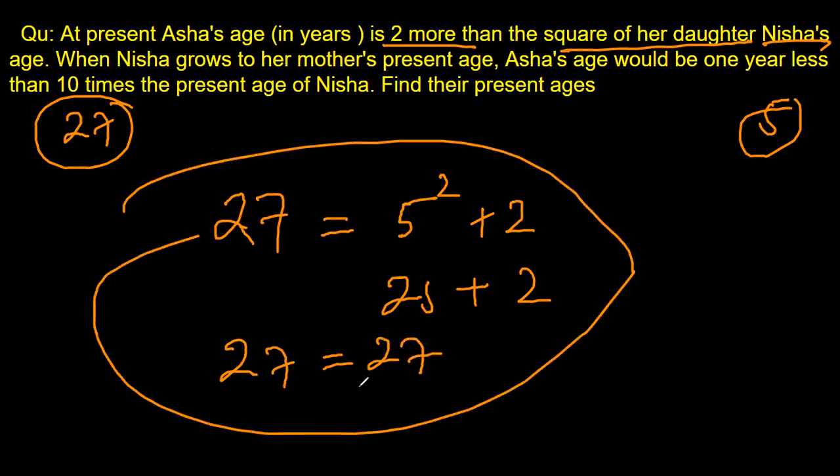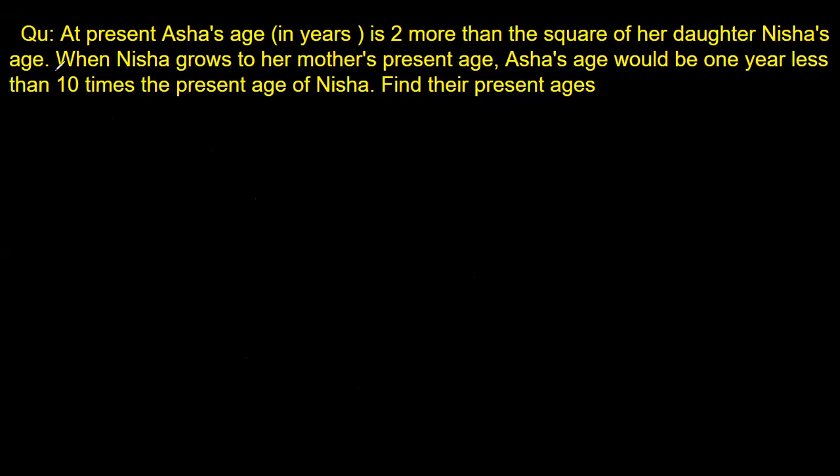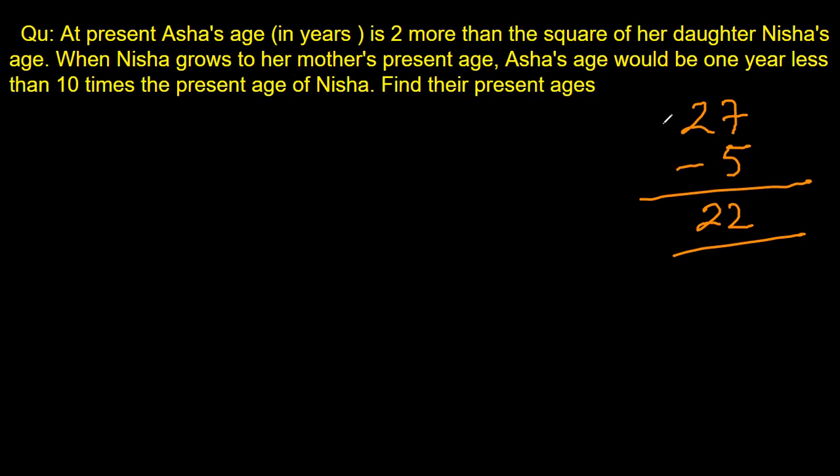And we'll see the second condition now. When Nisha grows to her mother's age. Look, Nisha is 5 years now. Her mother is 27 years. And then the difference between these two ages is 22 years. Means we are talking about 22 years later. After 22 years, what would be the age of Asha?